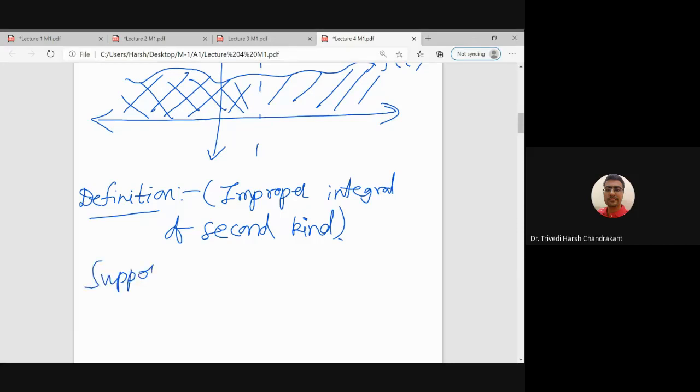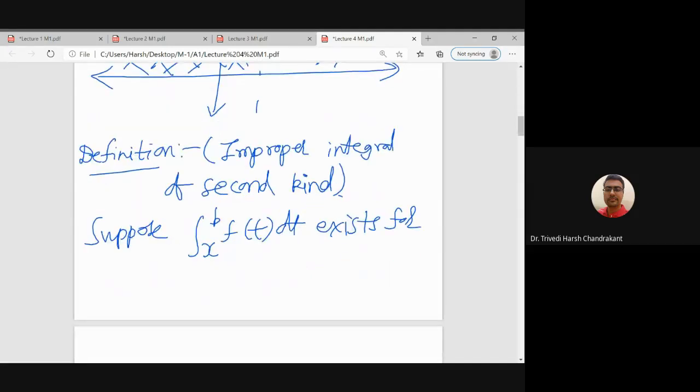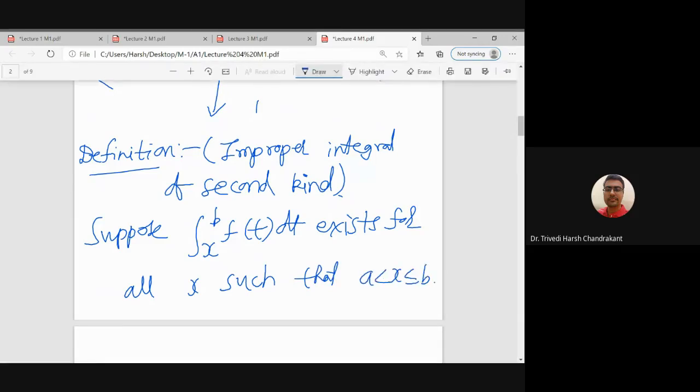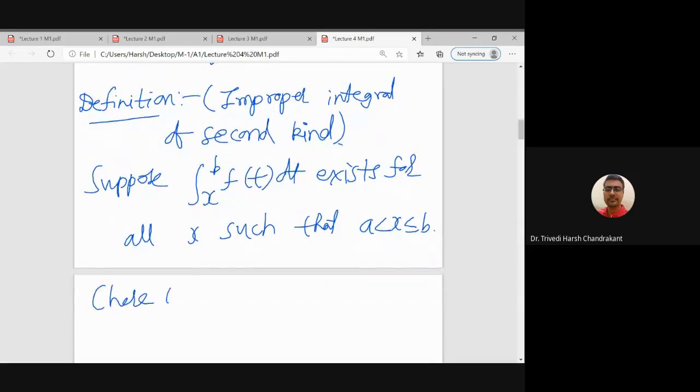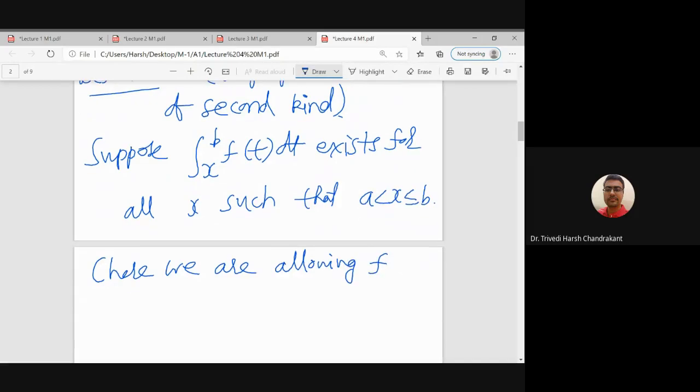So suppose the integral from x to b exists for all values of x such that x is between a and b and x is not equal to a. So here we are allowing f to be unbounded on this interval a to b.